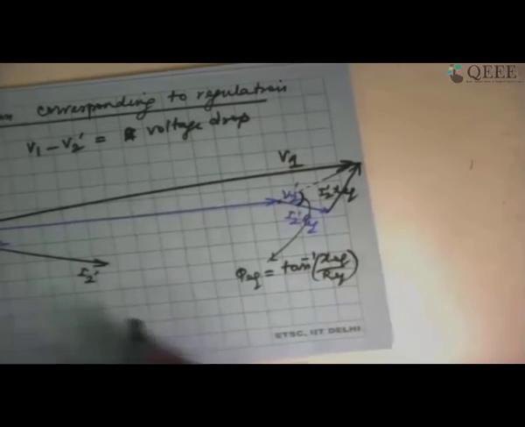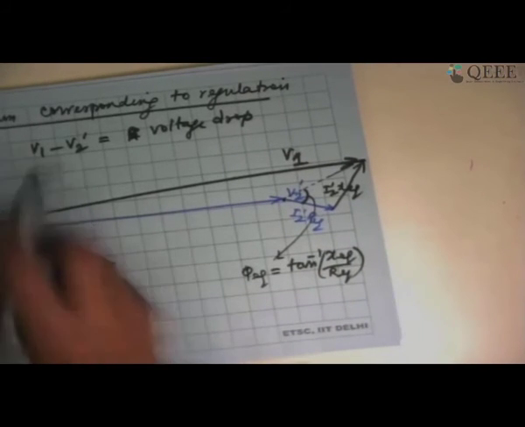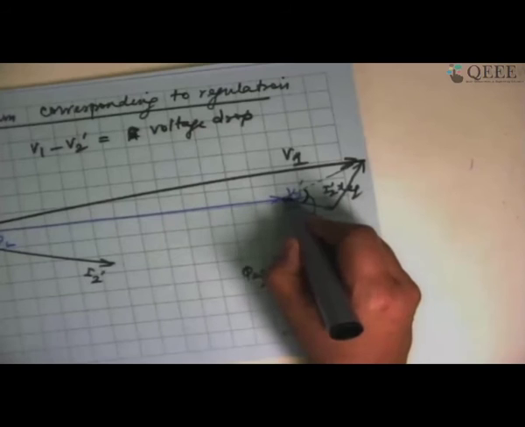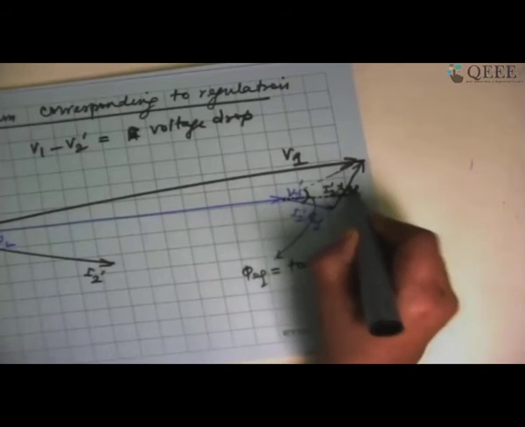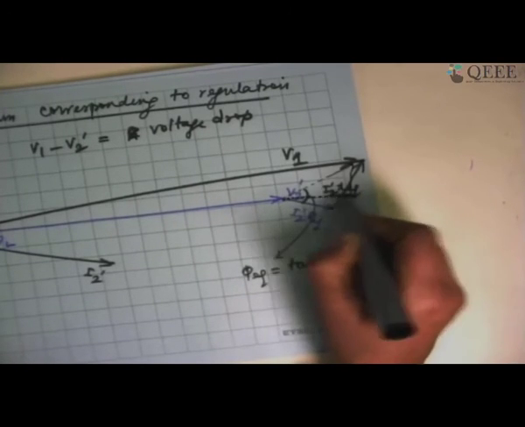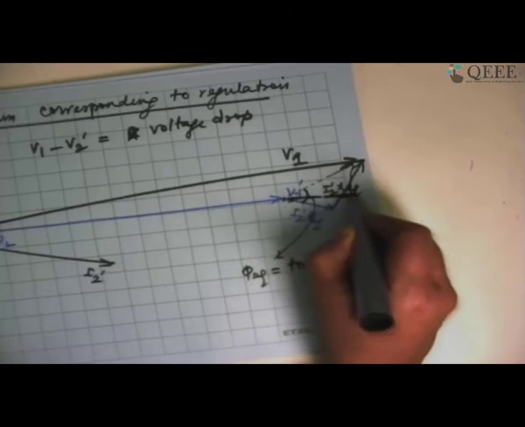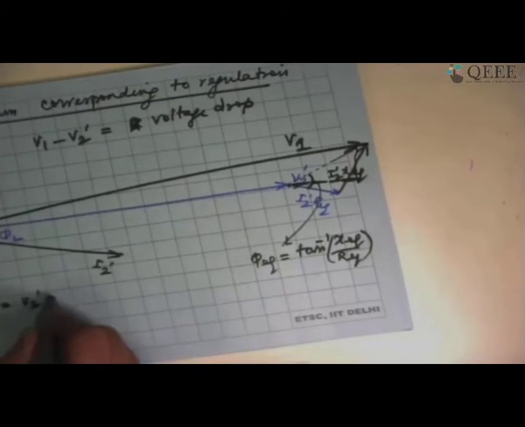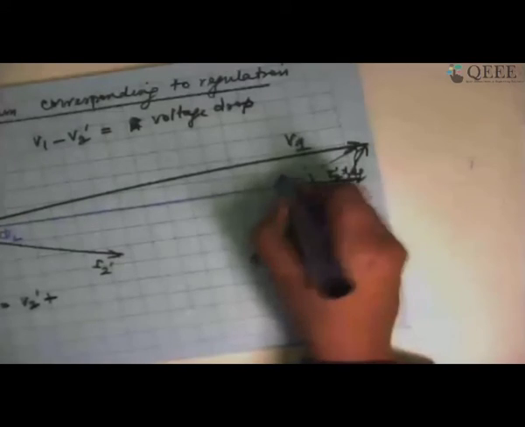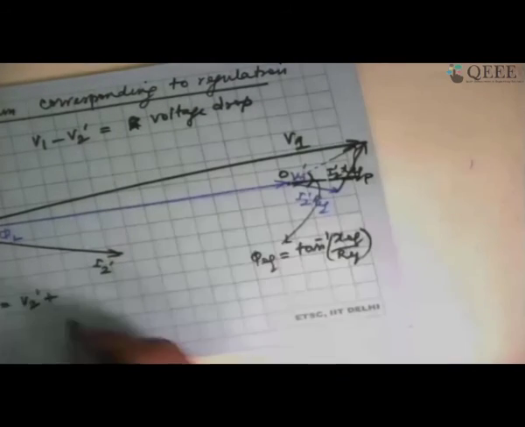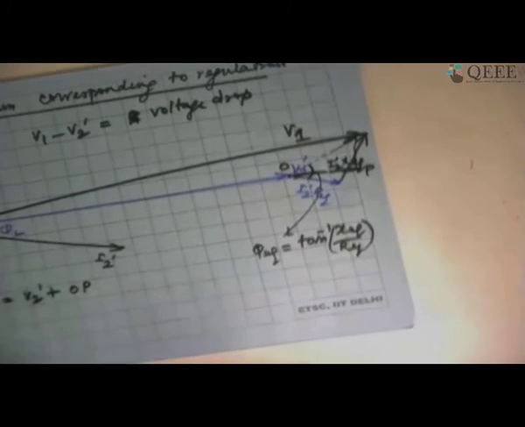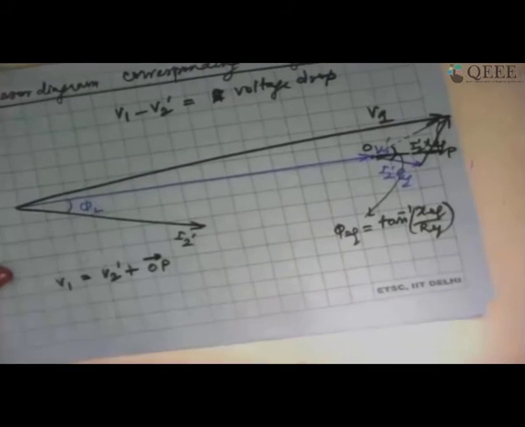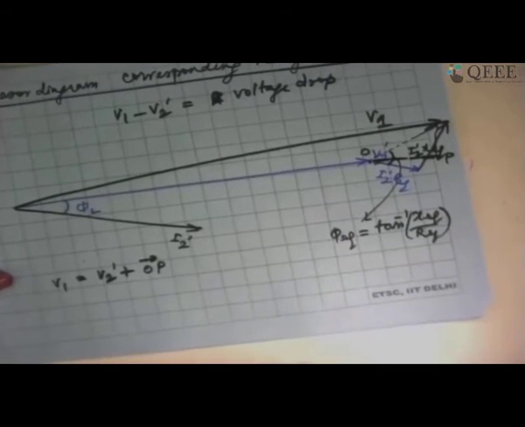Okay. Now rather than writing V1 minus V2 dash, let me probably take only the horizontal component of V1. This is the horizontal component of V1. So I can say that V1 is equal to V2 dash plus, if I call this point O and this point P, OP. V1 will be V2 dash plus OP.